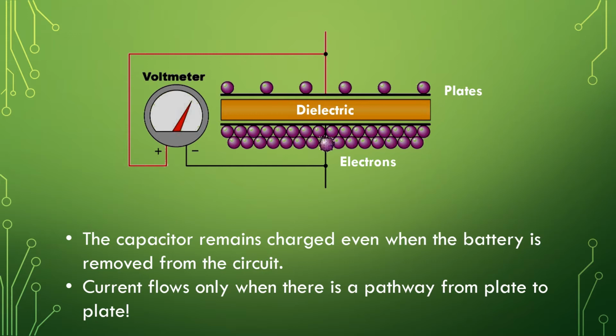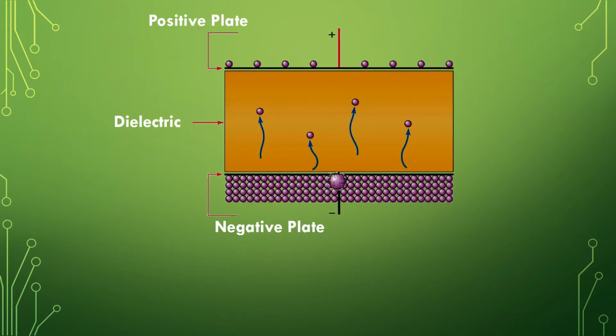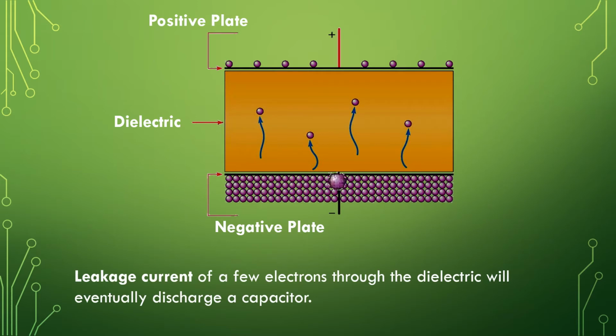Capacitors cannot create voltage, but they can store it. And we can use that stored voltage to run something. A well-designed capacitor can remain charged for a very long time. Unless you provide a discharge path, the capacitor will only discharge itself through its dielectric material.